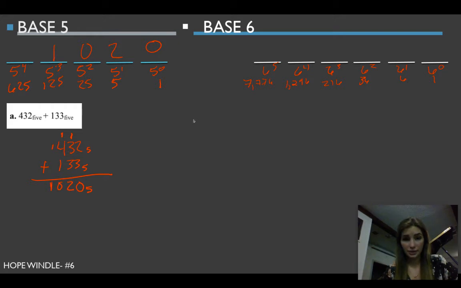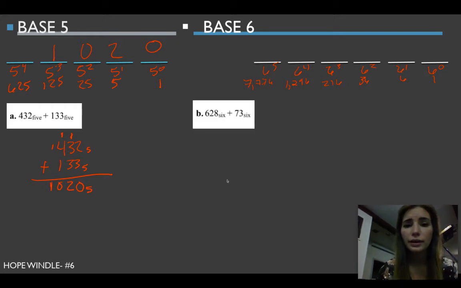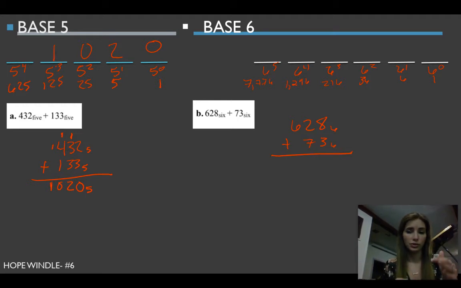We're going to look at a base 6 problem. So whenever we're adding together base 6 plus 73 base 6, now we have to remember we can only go to 5. We're on 0, 1, 2, 3, 4, 5, and then it rolls over at 6. So we're going to take 8 plus 3, and this is going to be 11.